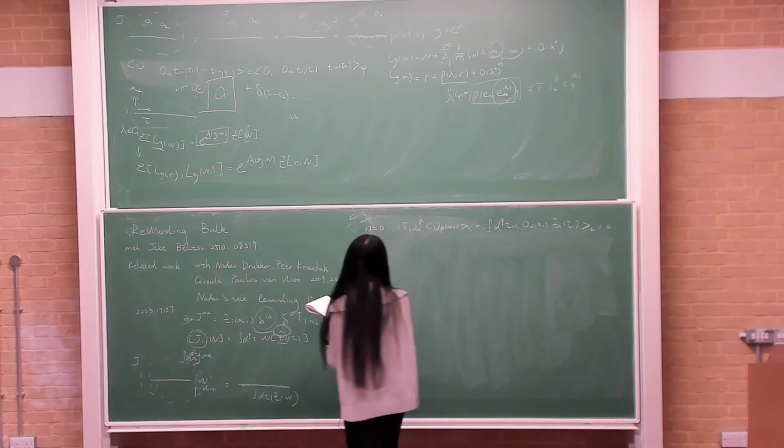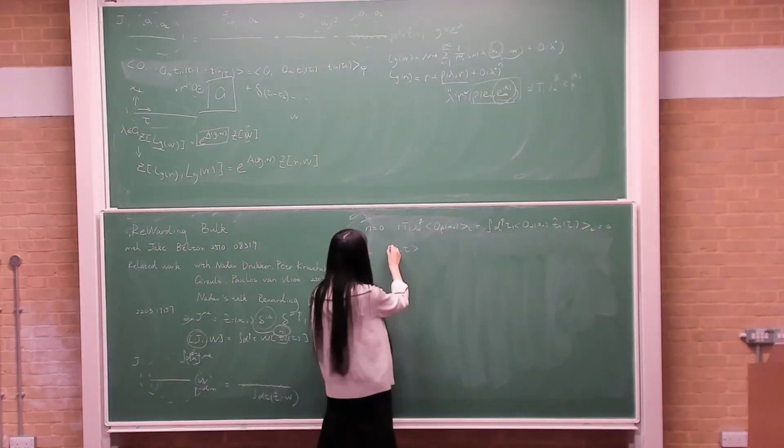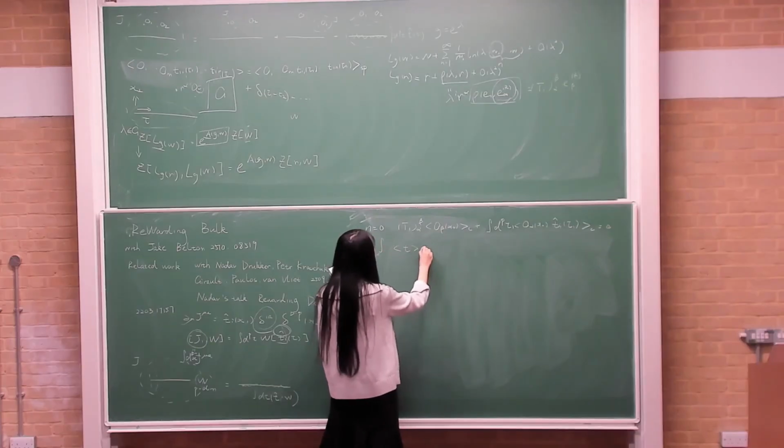In the pure defect case, it will be just the one-point function of T after integration, which is equal to 0.